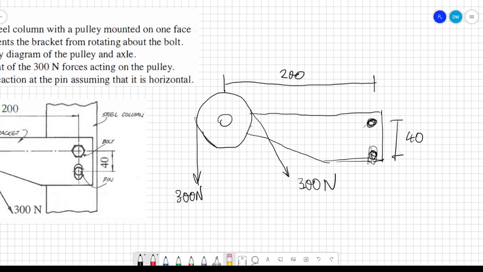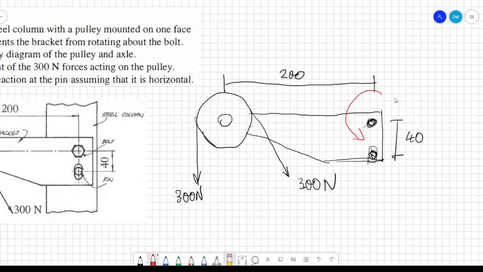So what that means is that you can look at these two forces. These two forces will try to rotate the whole system counterclockwise about the pin here.